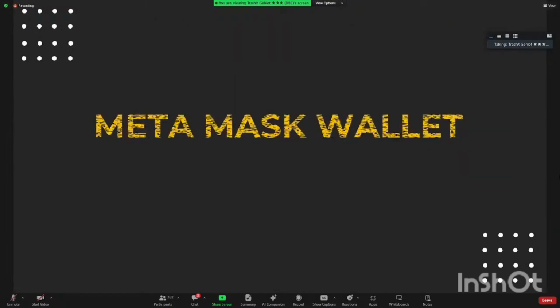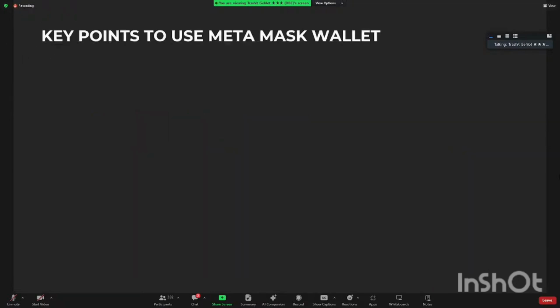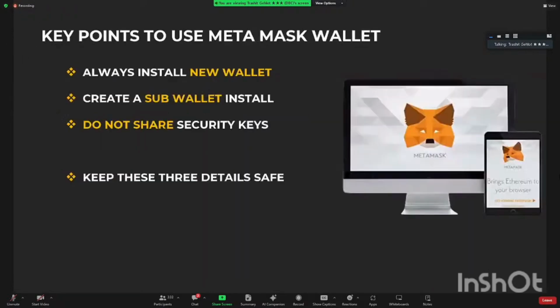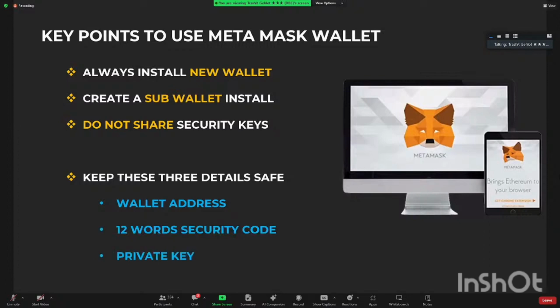So yesterday we learned how to prepare a MetaMask wallet, right? The MetaMask wallet always has to be a new wallet. If you already have a wallet, create a sub wallet. Please make sure that you keep your wallet addresses, the 12-word security code, and the private key safe. Do not disclose them to anybody, because these are decentralized wallets. They don't have any forgotten password option or any option to reset the password if you share it with anybody else.